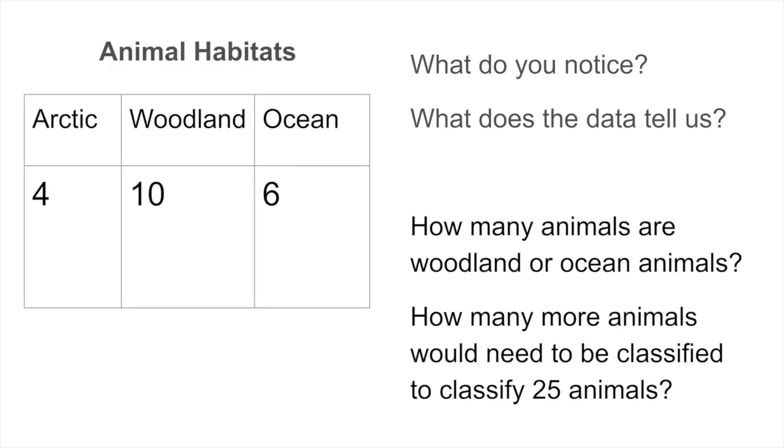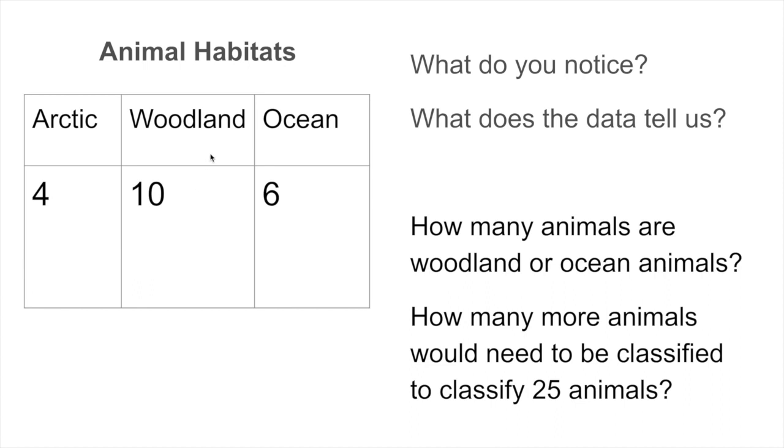Let's look at this more challenging graph. This is labeled animal habitats. There are 3 types of habitats: Arctic, woodland, ocean. There are numbers indicating the number of animals in each habitat. There are 4 animals in the Arctic, 6 animals in the ocean, and 10 in the woodland.